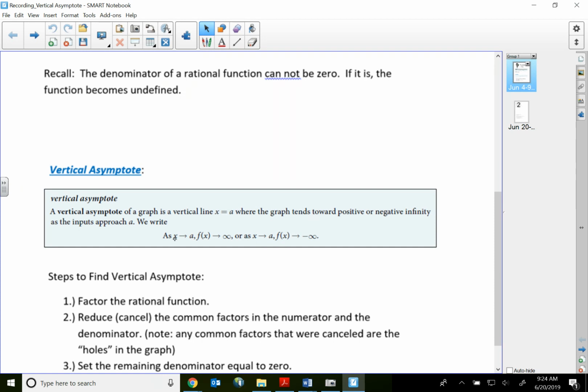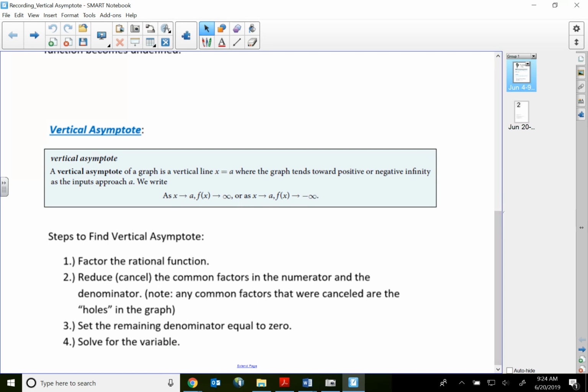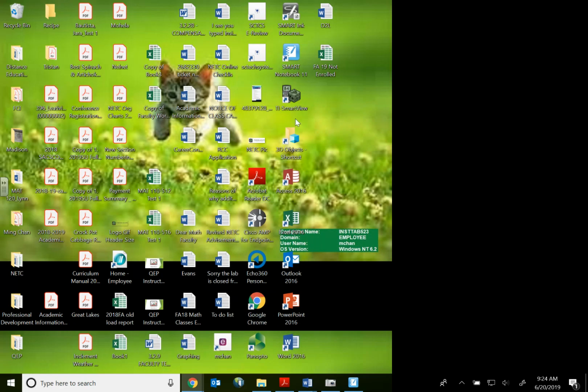Okay, so as your x value approaches that particular vertical asymptote, your f of x, or your y value, can approach positive infinity, or it can also approach negative infinity. I will demonstrate that when I graph it in the graphing calculator. Remind me to turn on my graphing calculator real quick.